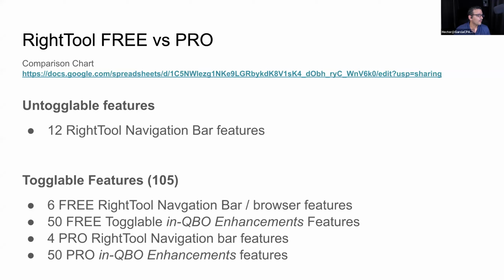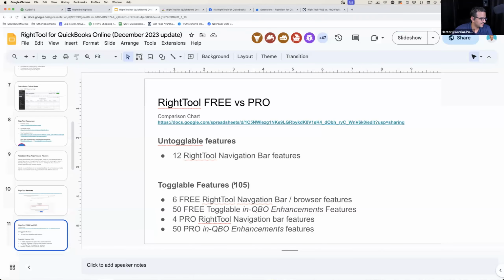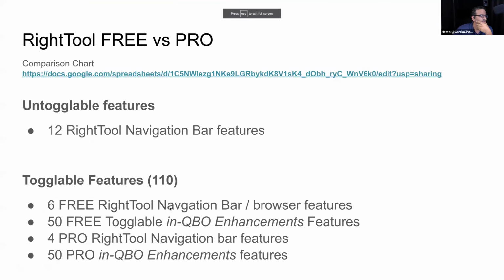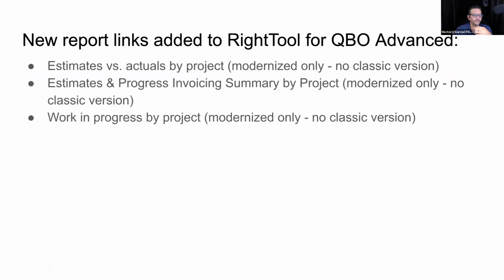We have over 100 features already in RightTool. It's actually 110. We recently added 5 more since last month. So we have 110 toggable features. These are things that you can turn off and on in RightTool, and 12 of them are fixed navigation bar features that we can't change. So that gives you a general idea.